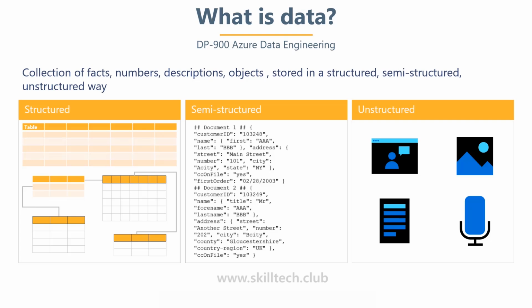In the same way, if you go with a little bit more organized way, then it will be semi-structured data, where the data is going to be stored in the form of key value pairs. As visible on the screen, semi-structured data has this kind of key value pair data stored, which is not fully structured, but still we can understand what kind of data we have stored in that.